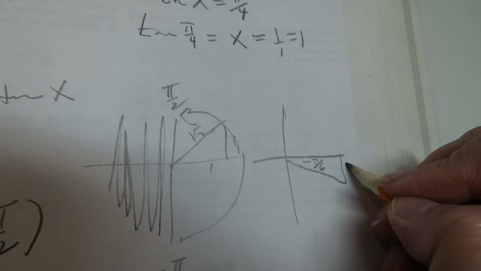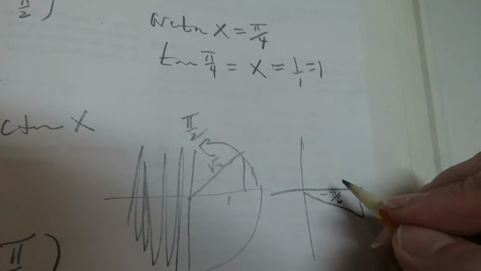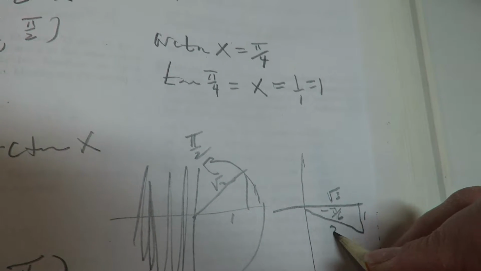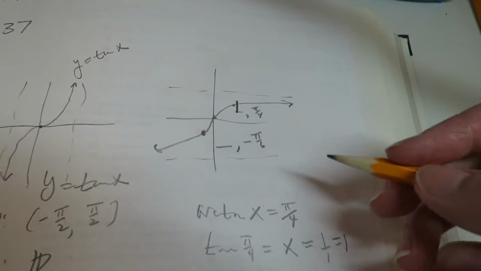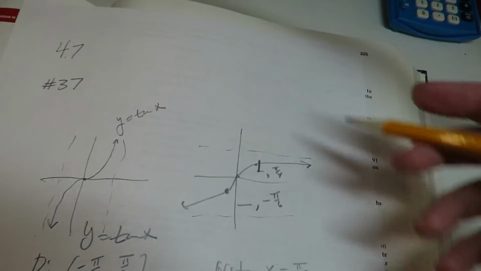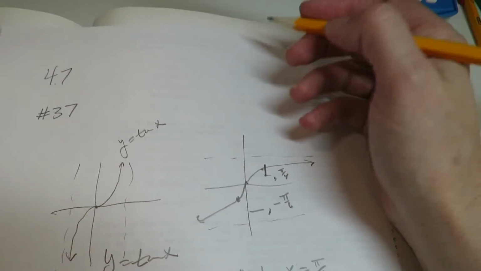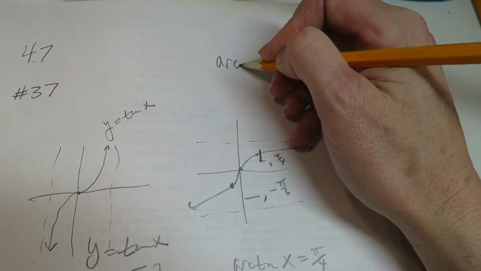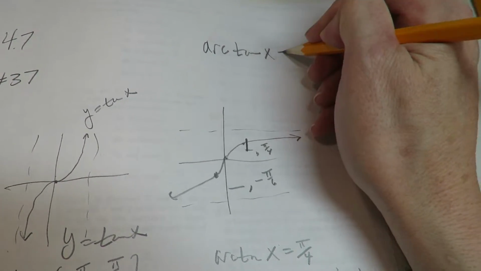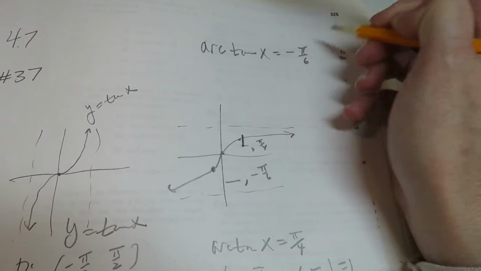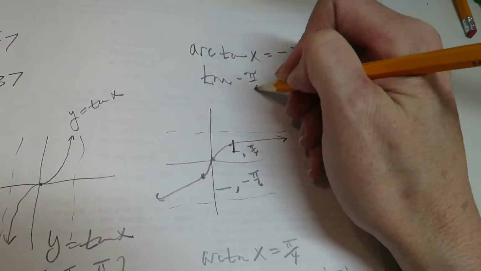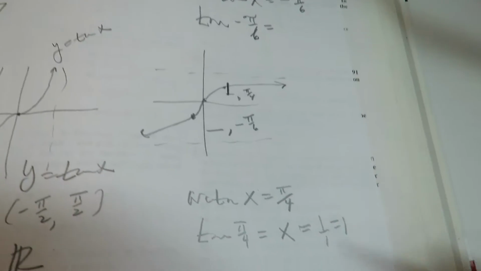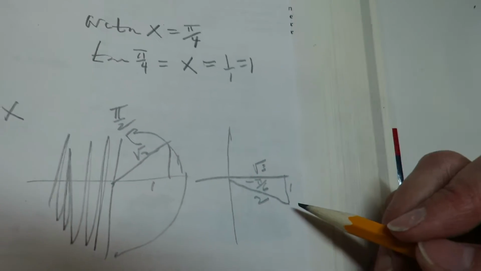Pi over 6 is always across from the 1, the 30 is across from the 1, the 60 is across from the radical 3, and the hypotenuse is a 2. So another way to think of this one, if you have arctan of something equals negative pi over 6, then you're trying to find the tangent of negative pi over 6.